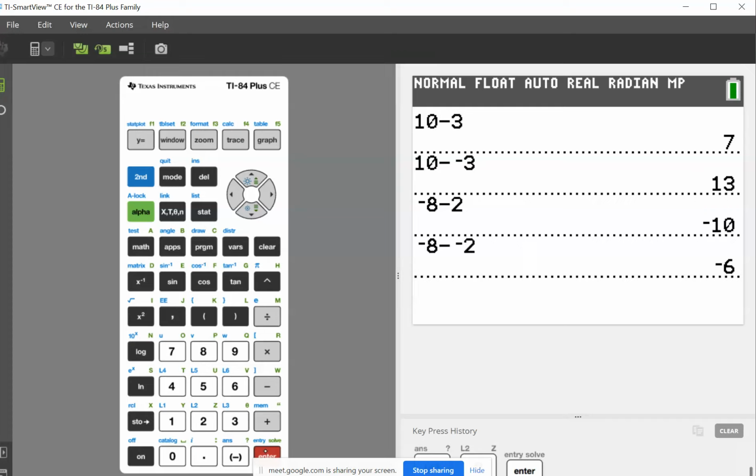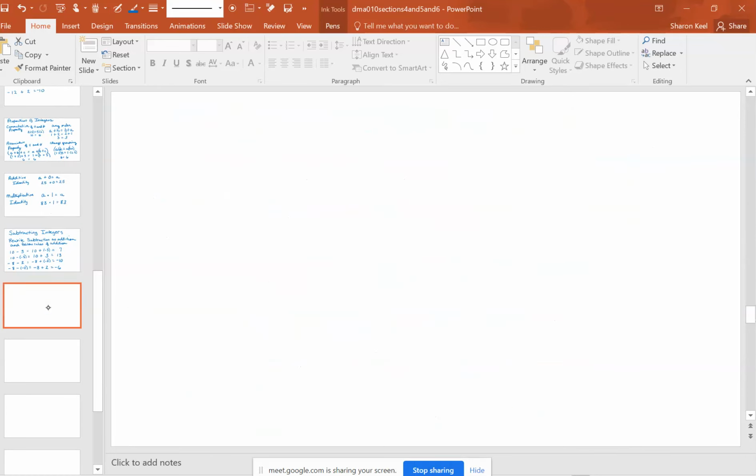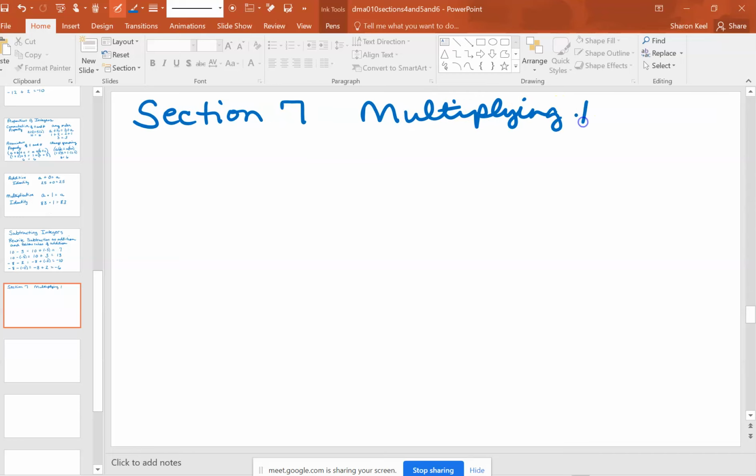And actually, I think we have time. I can go ahead and touch on section 7. Section 7 is multiplying and dividing. The rules are going to be the same for multiplication and division of integers.